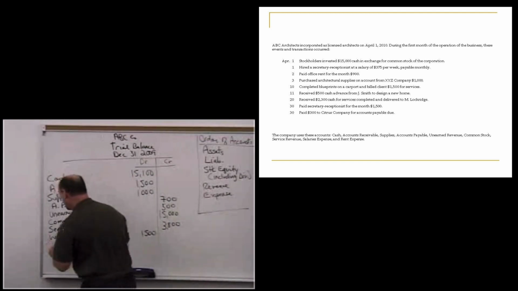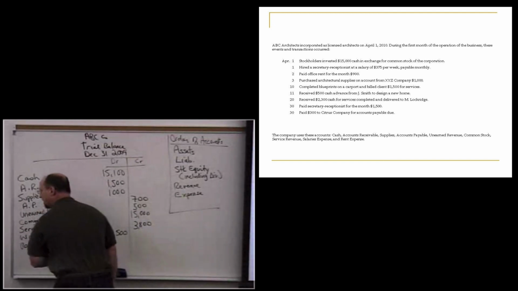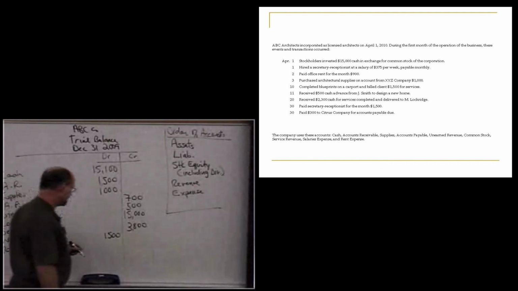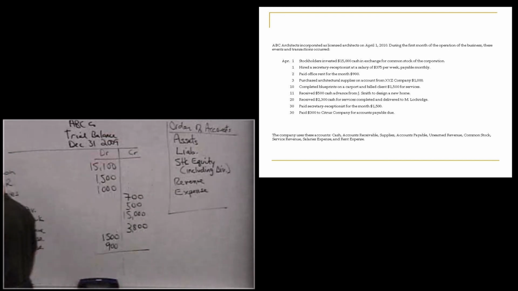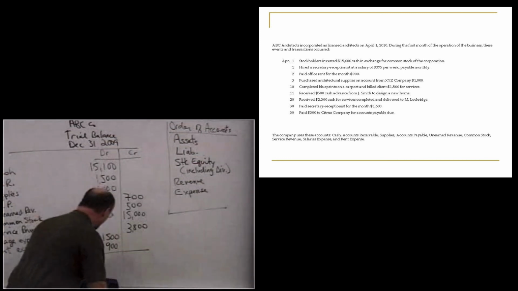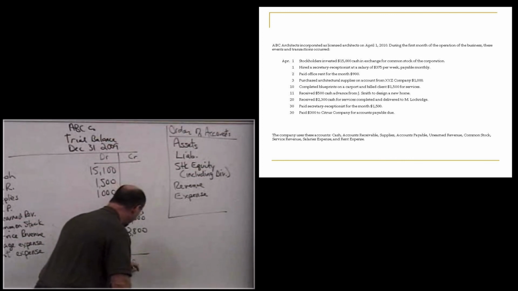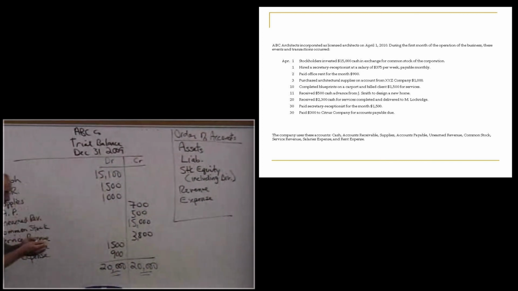And last, we have rent expense for $900. Okay, and here comes the moment of truth, the big test. Do our debits equal our credits? If all went well, and you should be adding and subtracting at home, we should see that we have $20,000 on the debit side and $20,000 on the credit side. So we're in balance, and that's the purpose of a trial balance.